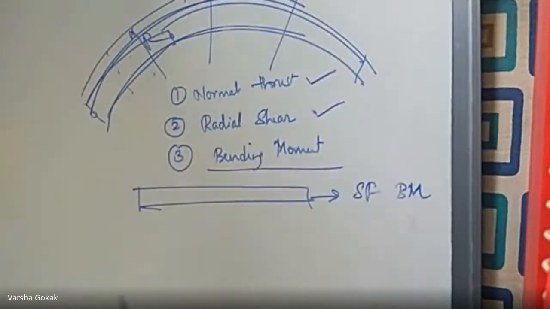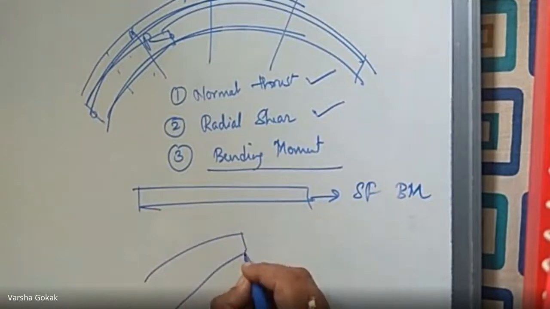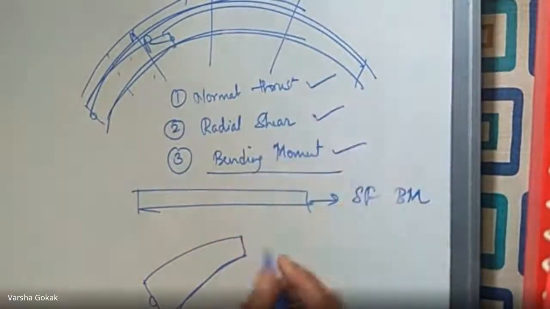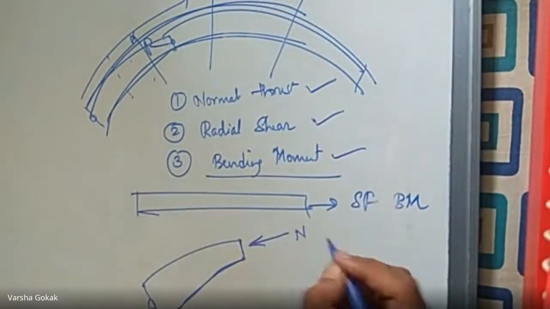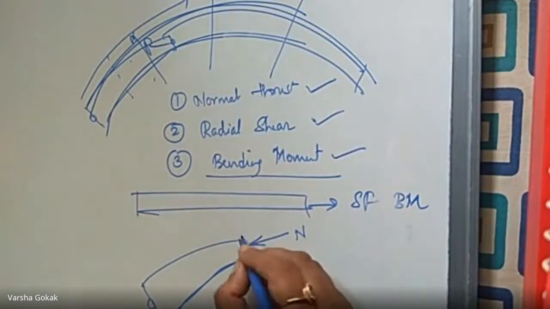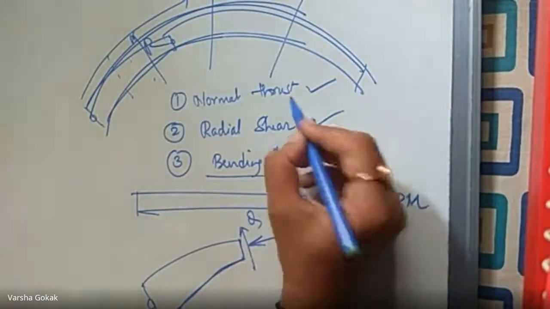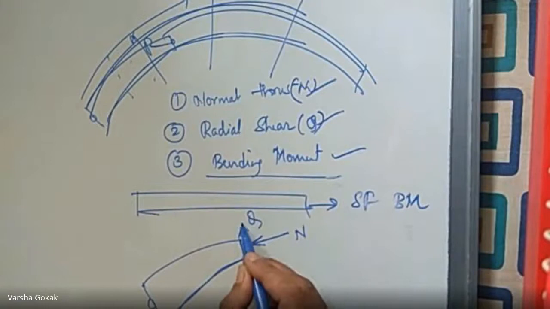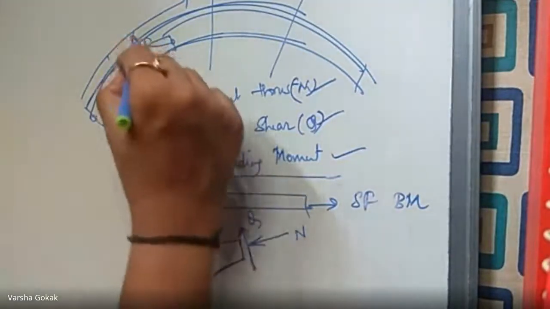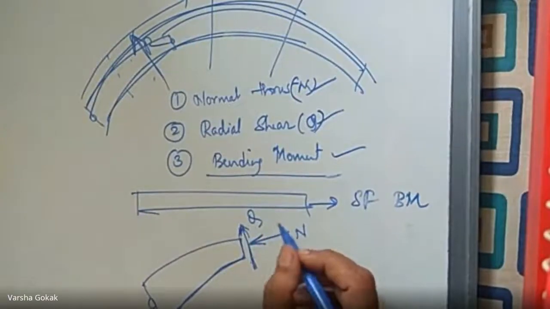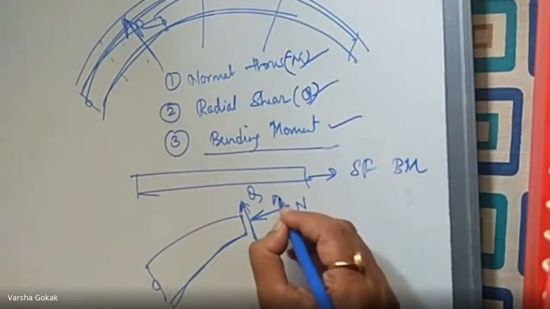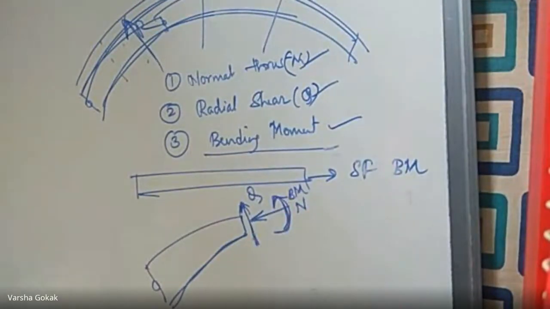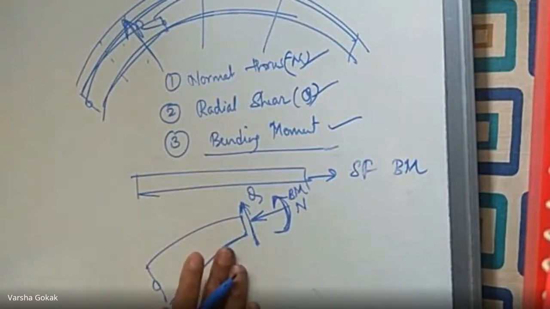If I draw a cut section of the arched beam like this, at this junction, if I want to show these three forces, then here you will have your normal thrust N, and radial shear is denoted by Q. Normal thrust is denoted by N, radial shear by Q. Radial shear means it will be along the radius, something like this. So here Q, radial shear, and then you will have a rotation, that is your bending moment.